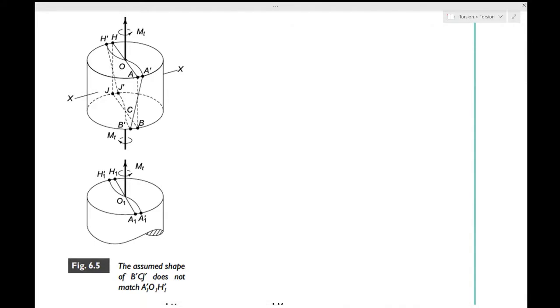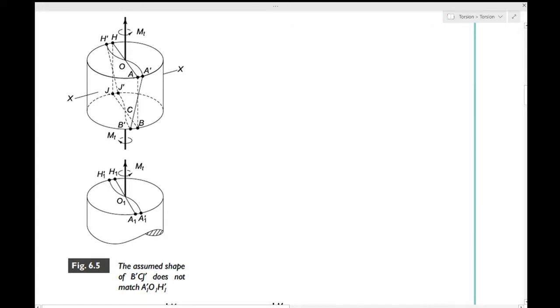which is planar before deformation. So this HO, okay, this shaded part is one plane before deformation.